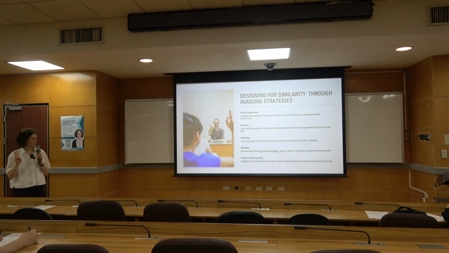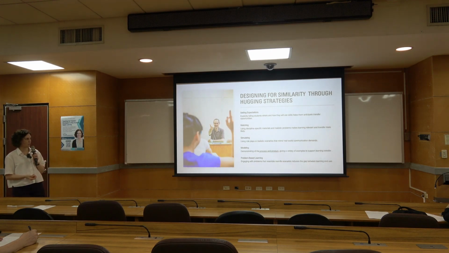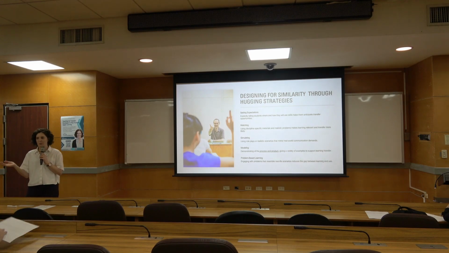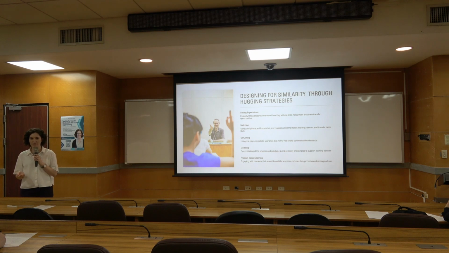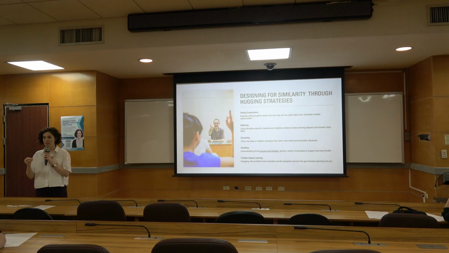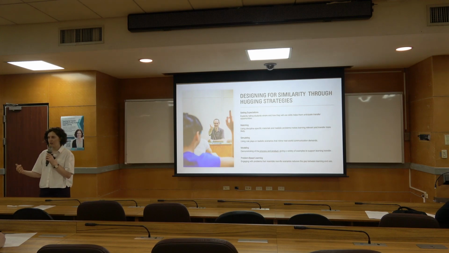The second strategy is matching, which is using discipline-specific materials and realistic problems. It makes learning relevant and transfer more likely. Depending on what you're teaching, you may have to take your materials and simplify them a bit, or take them in smaller chunks, because students might not be able to go through a whole research paper at once or something like that.